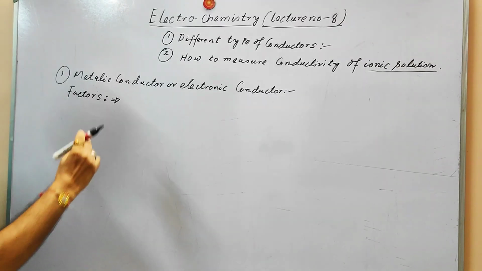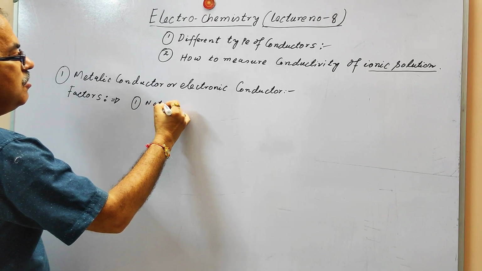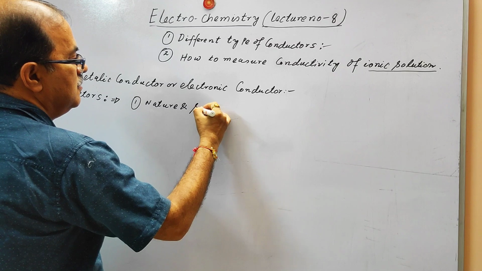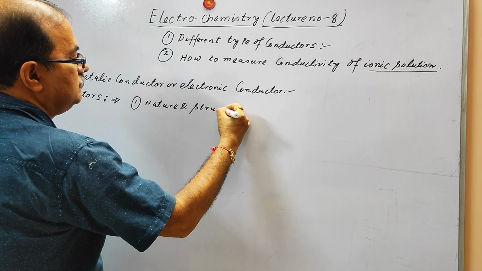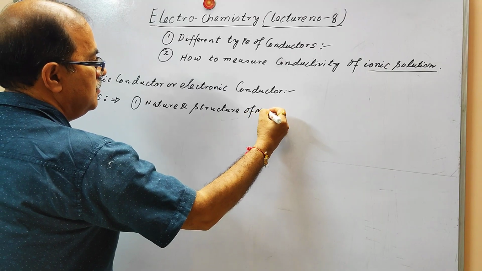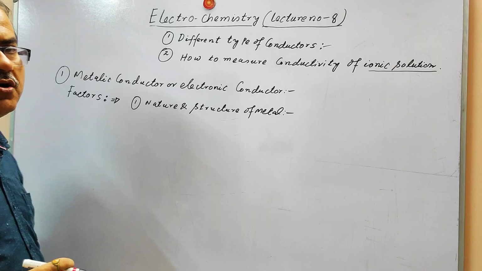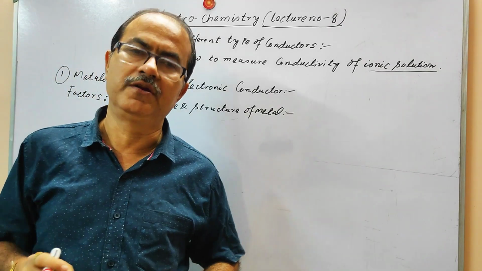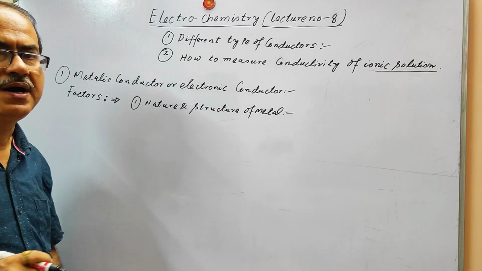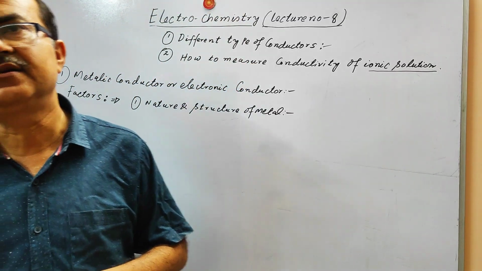The first factor is the nature and structure of the metal. It is not like all the metals will have the same level of conductivity. You can observe that silver will have the highest conductivity, followed by other metals.